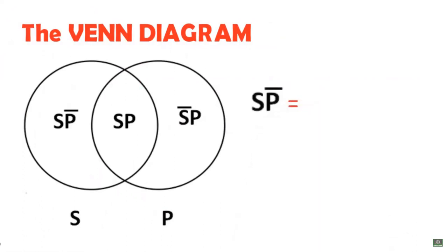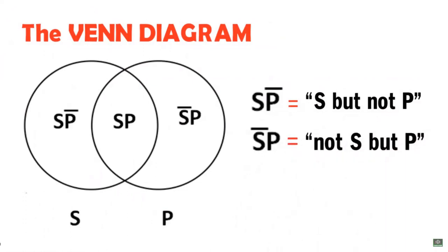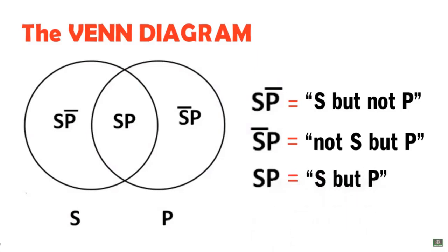This is read as S but not P, and this represents the class of things that are part of S but are not part of P. And this is read as not S but P, and this represents the class of things that are part of P but are not part of S. And this is read as S and P, and this represents the class of things that are both parts of S and P.